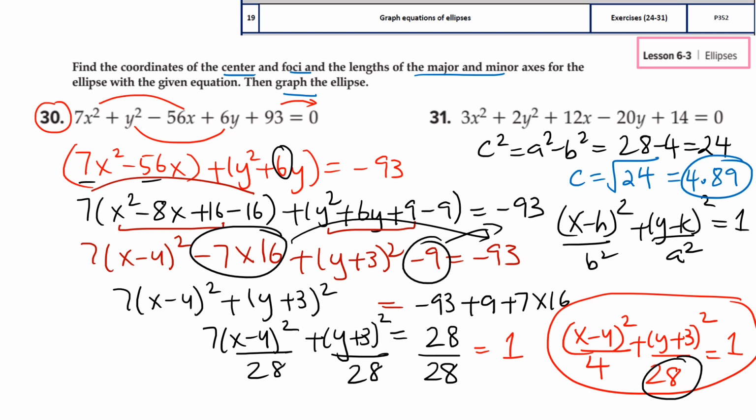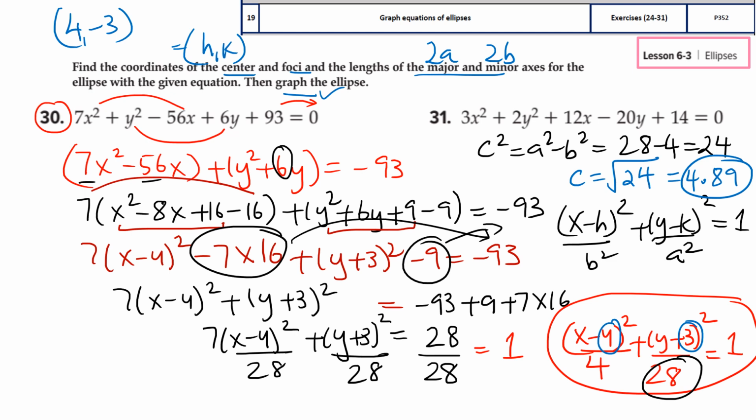ellipse. You all know the formula: center is h comma k. Similarly, you can find the foci. So I will now provide you the answer key. Remember, major axis 2a, minor axis 2b, and for graph we need the vertices and co-vertices. So your center h comma k is 4 comma minus 3. That's your center.